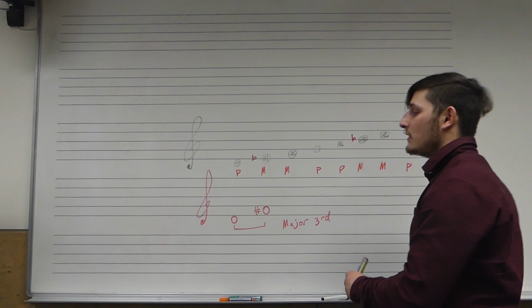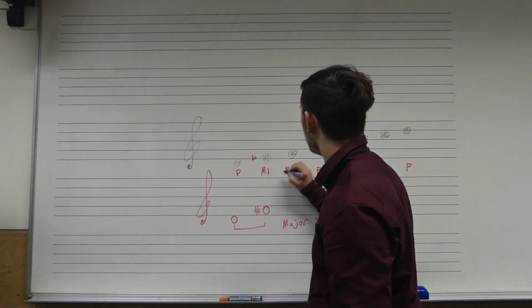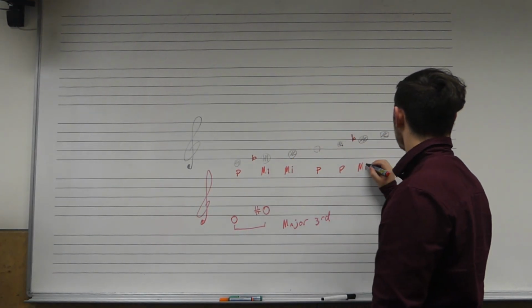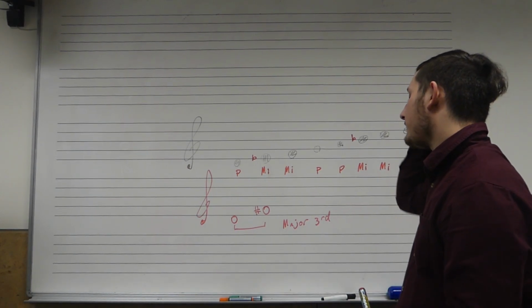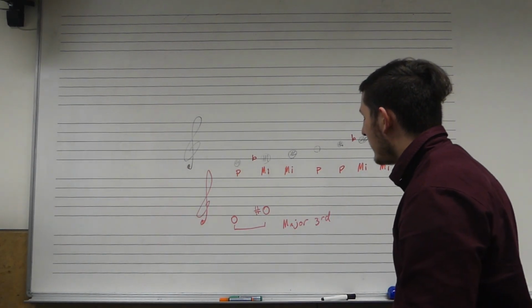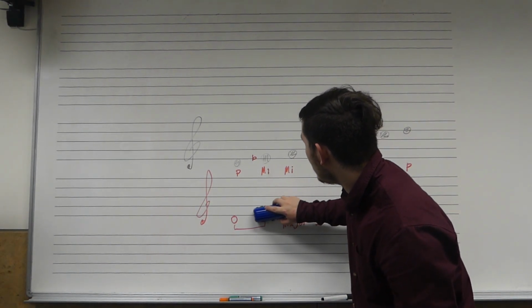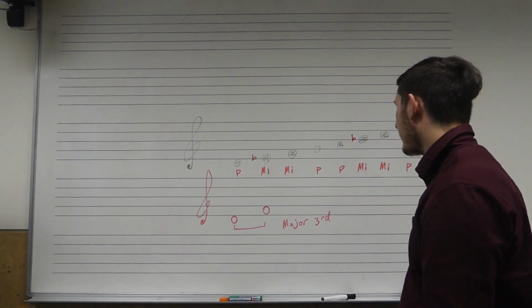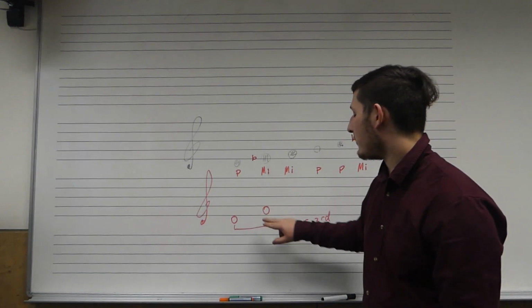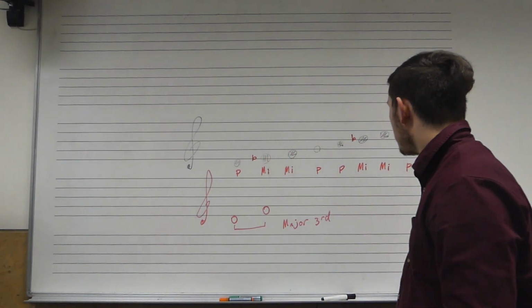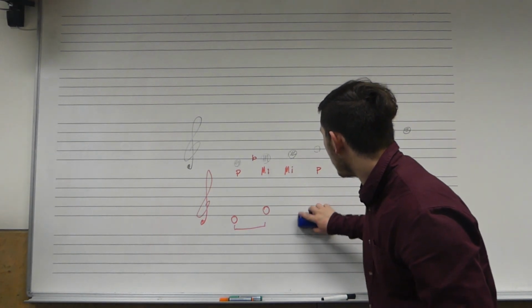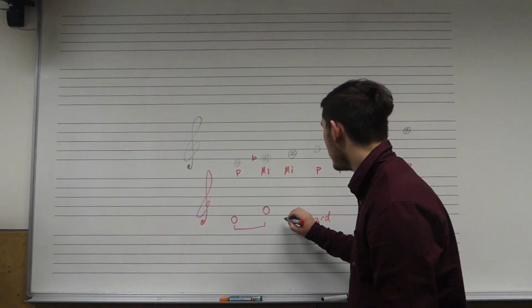So I'm going to notate this as MI. So if we have D to F, then we still have a third because there's still 3 notes between them, but instead we have a minor.